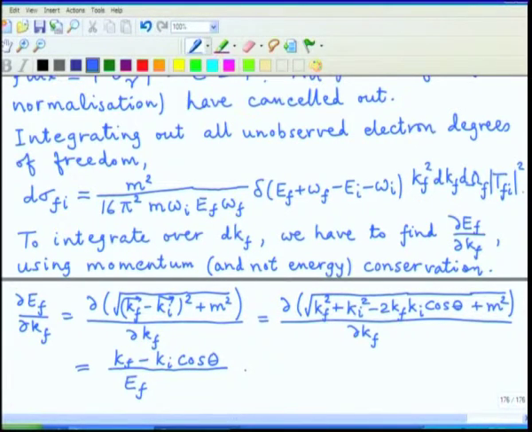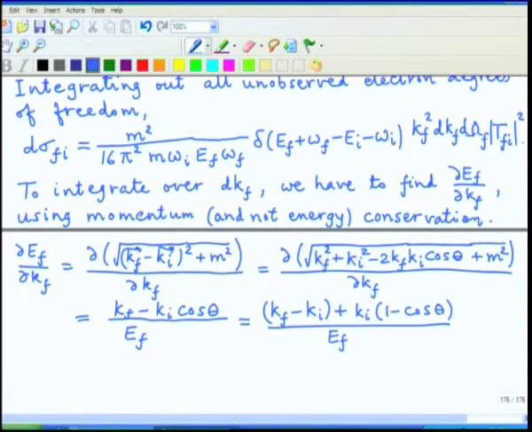So, we can rewrite this object as k_f minus k_i plus k_i times (1 minus cosine theta), divided by E_f. And now, since the derivative is already calculated, we can use the various tricks of energy conservation and simplify this expression further.